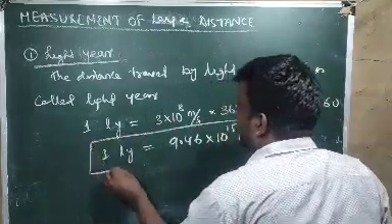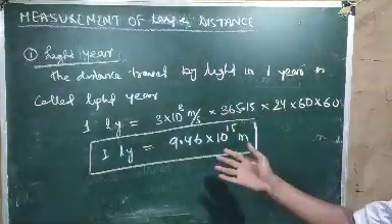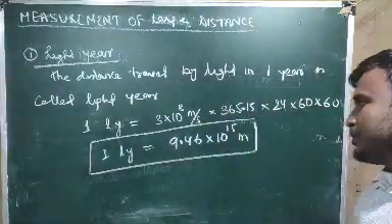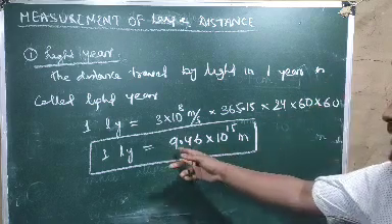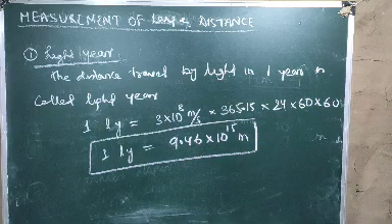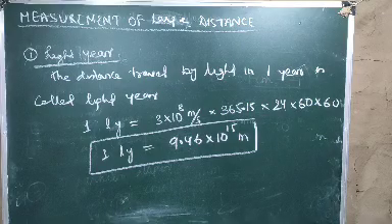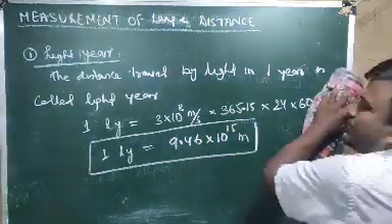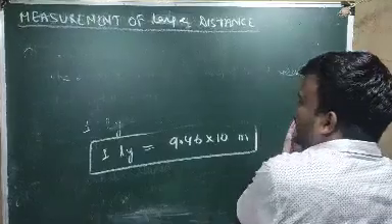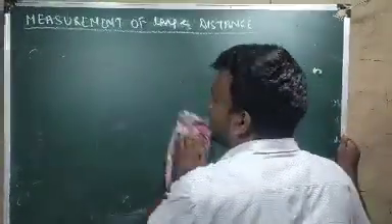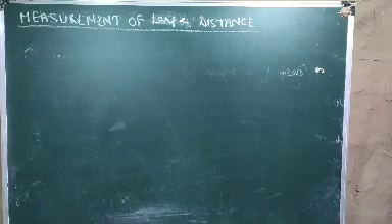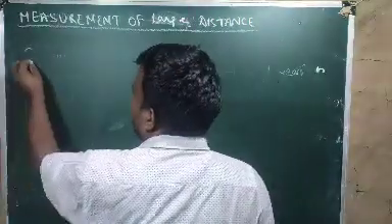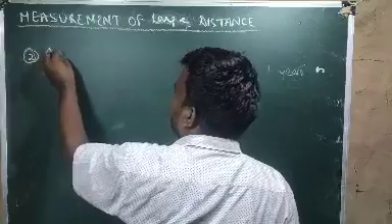So in 1 year the light can travel 9.46 into 10 to the power 15 meters. This is a very large distance. Next, the large distance we will see is the astronomical unit, number 2.